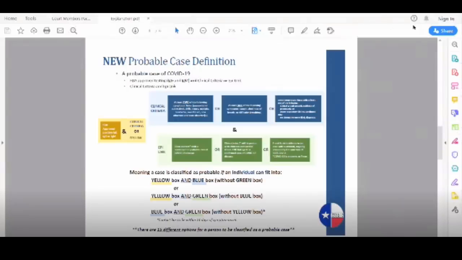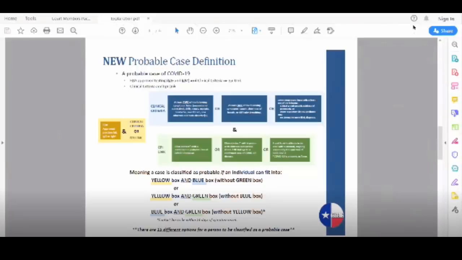The orange-yellow boxes are an antibody test. But if you look at just the blue boxes, if someone has 2 minor symptoms or 1 major symptom, that qualifies. So 2 minor symptoms: fever, headache, sore throat, chills. And fever, by the way, can be either measured fever or subjective fever. They just feel like they've got a fever.